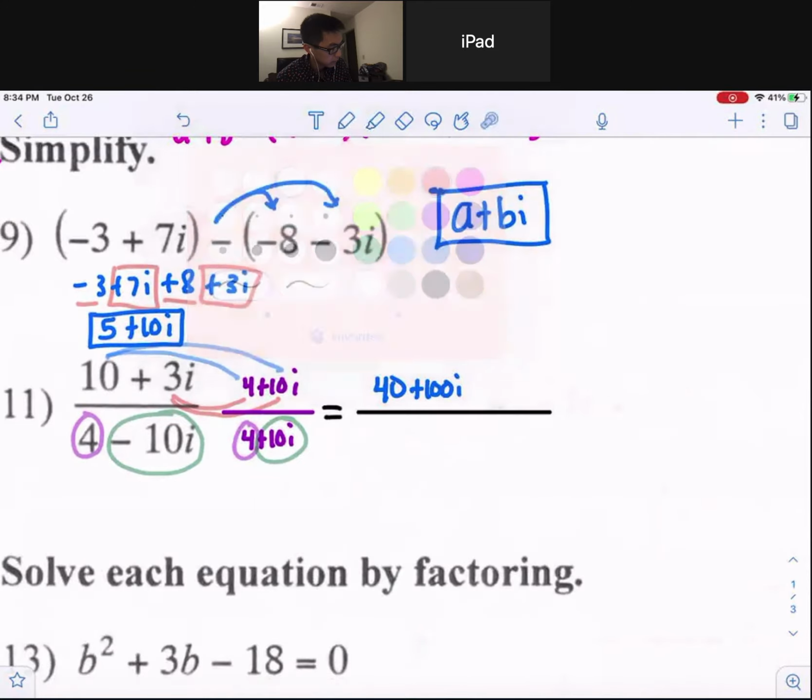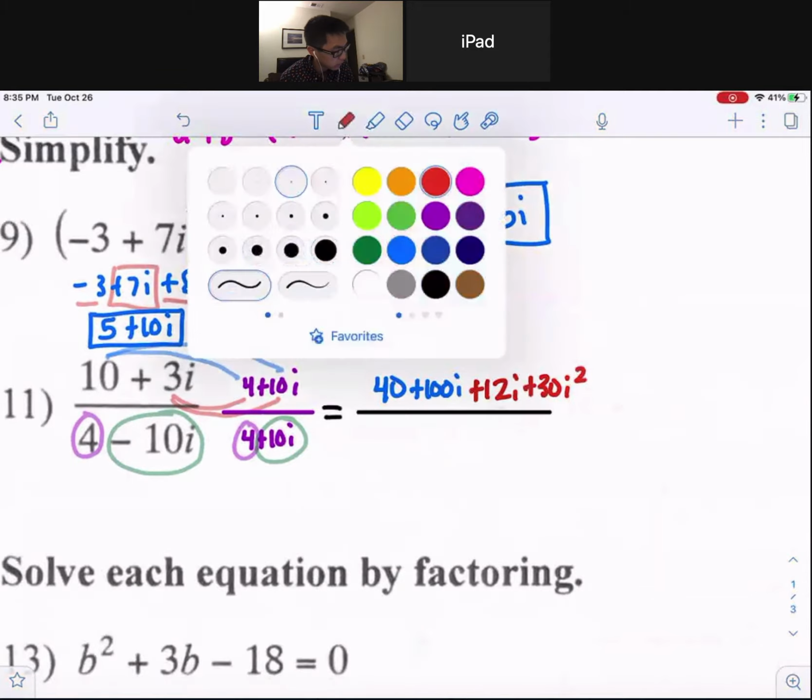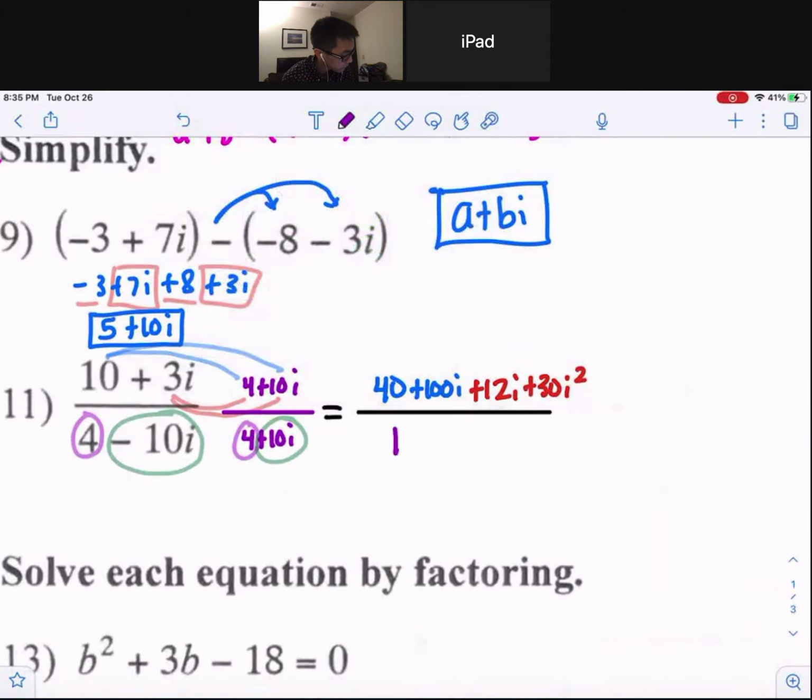Change my colors. 3i times 4, that's 12i. And 3i times 10i is 30i to the second power. Okay, purple times purple. 4 times 4, that's 16. And green times green, negative 10i times 10i, that's negative 100i squared.